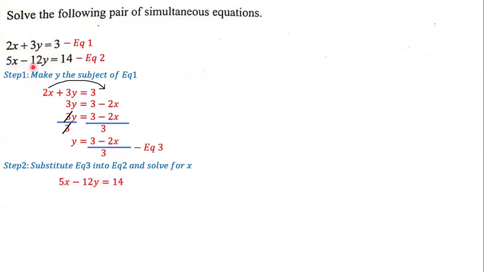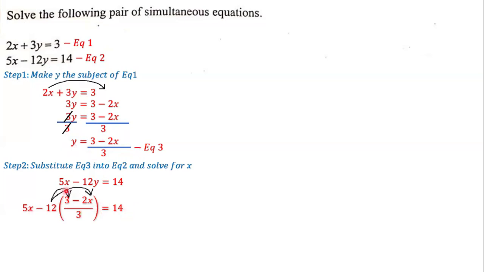Remember that y is equal to 3 minus 2x all over 3, and so we substitute this into y. When we do that, we have 5x minus 12, open bracket, 3 minus 2x all over 3, close bracket, is equal to 14.